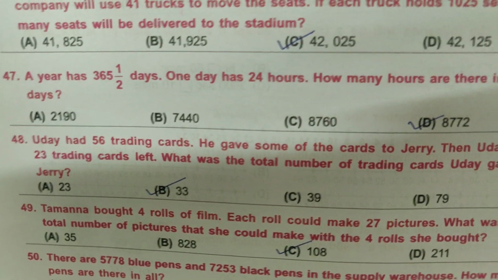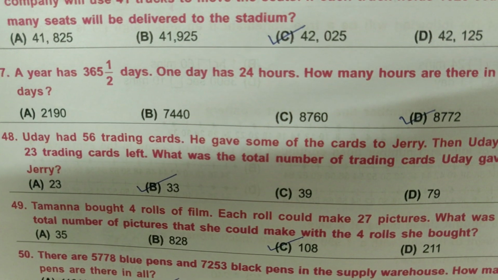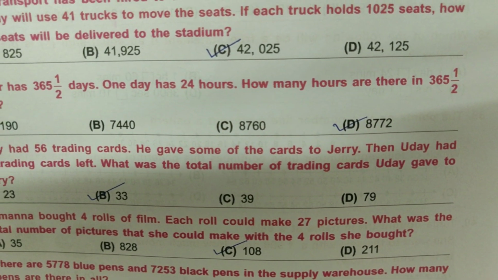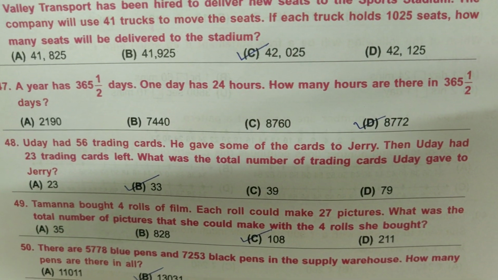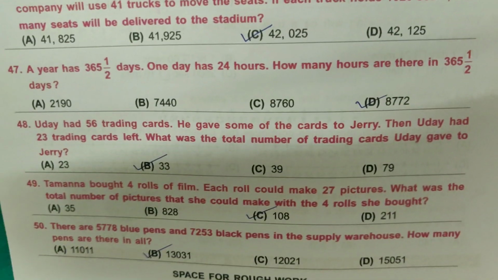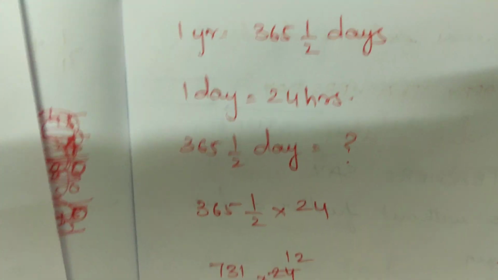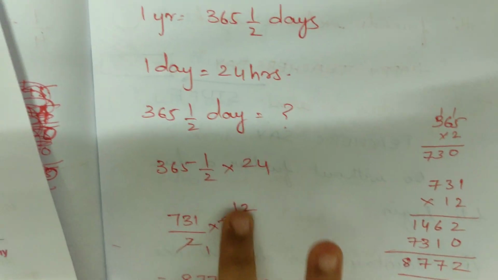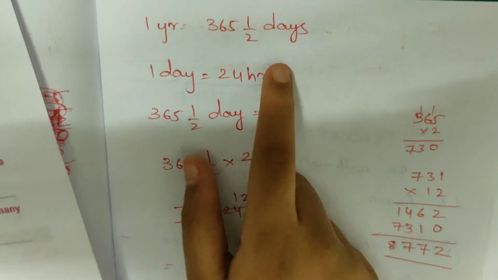A year has 365.5 days. One day has 24 hours. How many hours are there in 365.5 days? So here is the solution for this question.